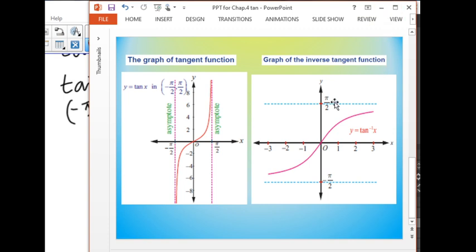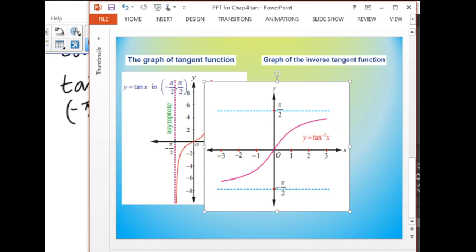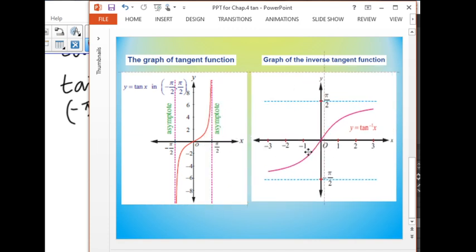At pi by 2 we have horizontal asymptotes. At x is equal to pi by 2 and x is equal to minus pi by 2, we have horizontal asymptotes. See the curve, it goes up to the end. Okay, it is extended.